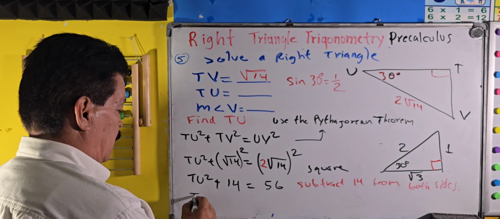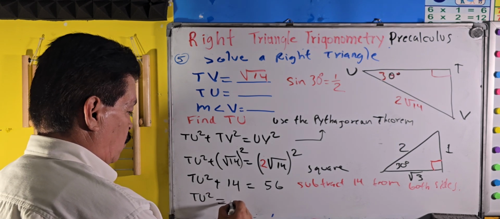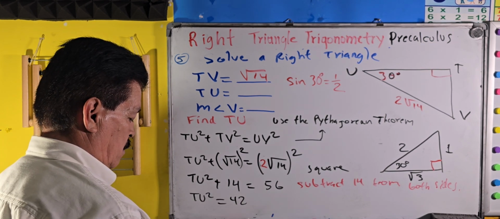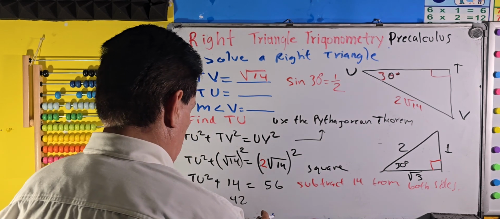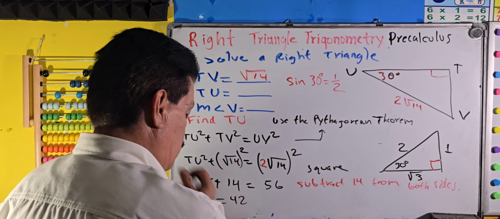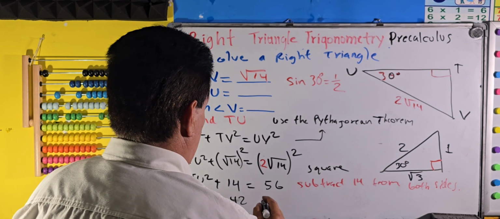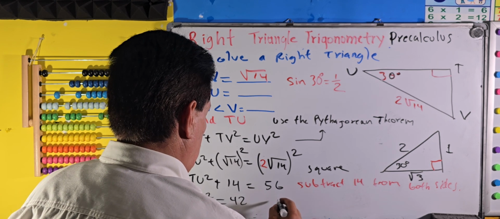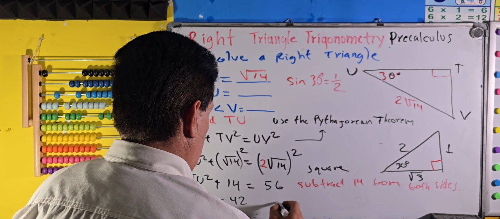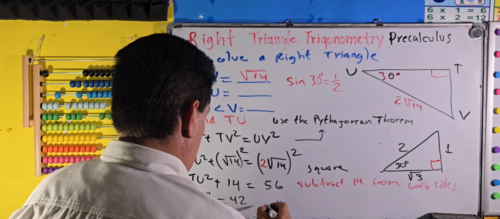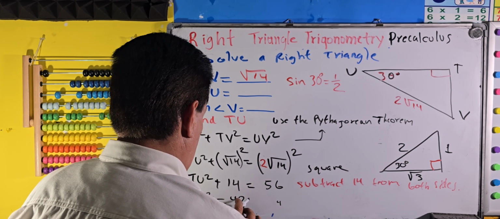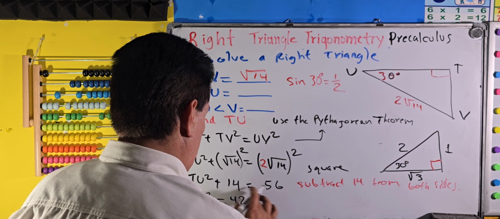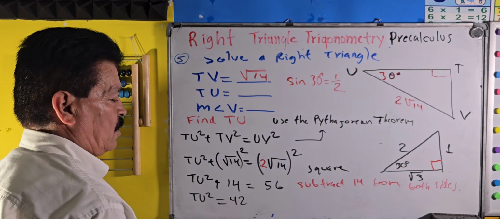We will have TU to the second power equals 42, right? Let me double check. It's 14, yes, 42.